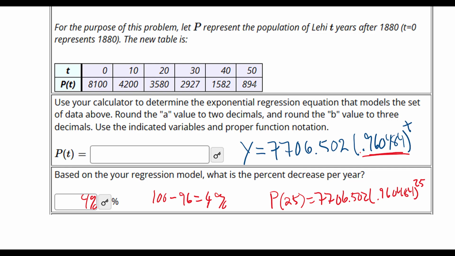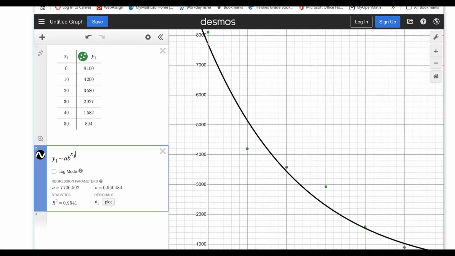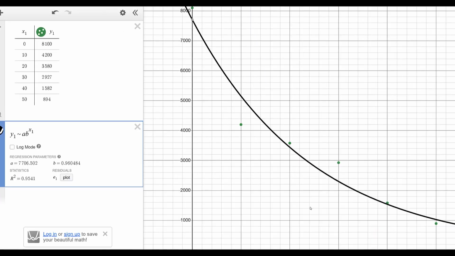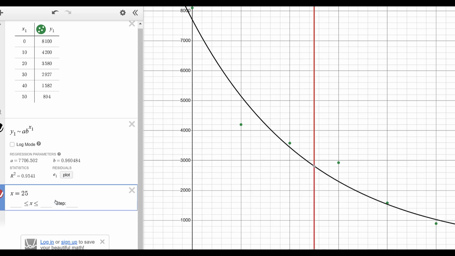What we could also do, let me just do this. We have the graph. Let me drag that back if I can find wherever I dragged it. There it is. And we can look and see, okay, at 25, let's type in x equals 25. And that'll give us a value here.